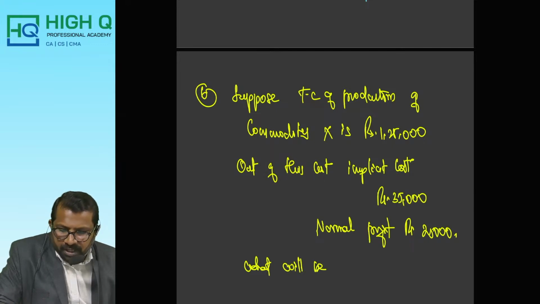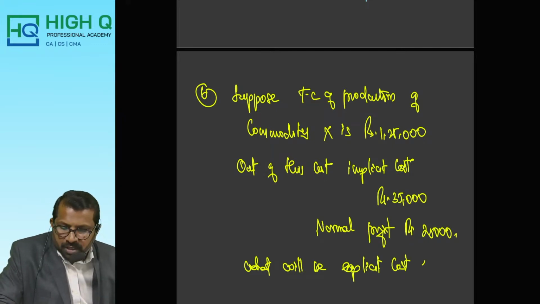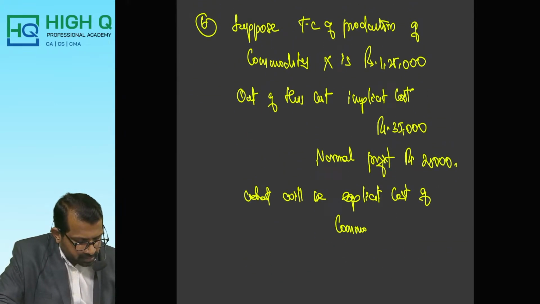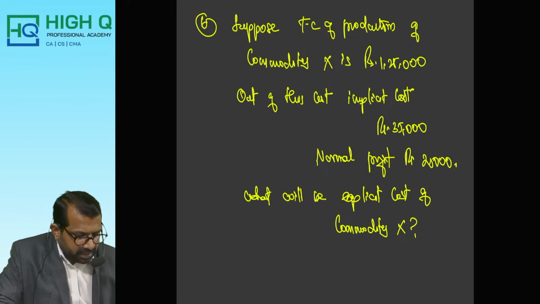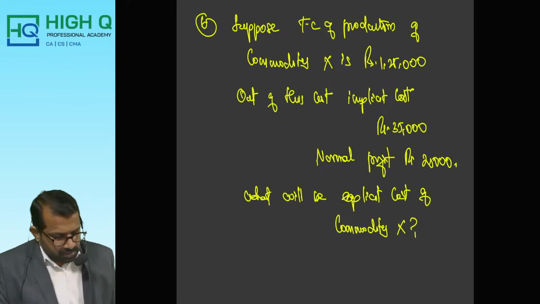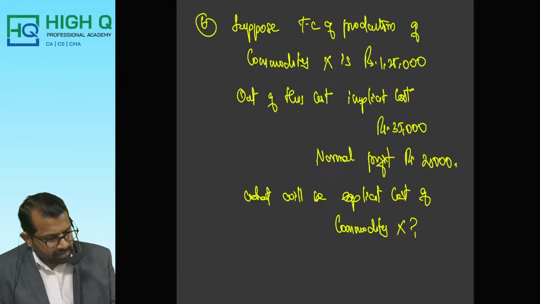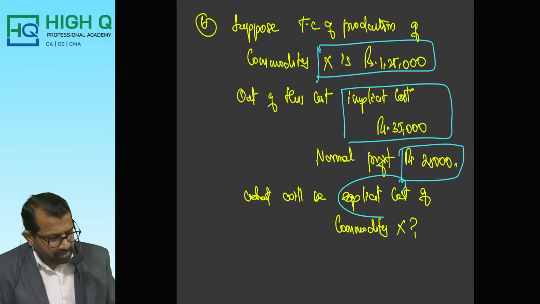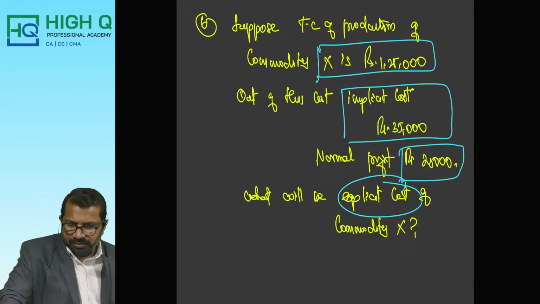Then what will be the explicit cost of commodity X? So they have given in the question total cost 1,25,000, implicit 35,000, normal profit 25,000. Then we need to find out the explicit cost.